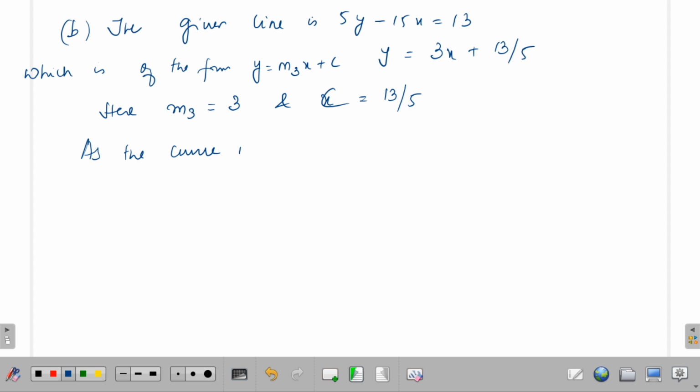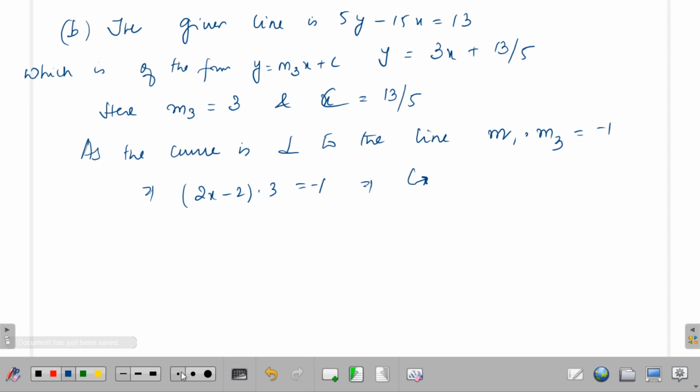As the curve is perpendicular to the line, whenever it's perpendicular, that means the product of the slopes will be -1. So here, m1 I got to be 2x minus 2, into 3 is equal to -1, which is 6x, sorry for the mistake, 6x minus 6 is equal to -1.